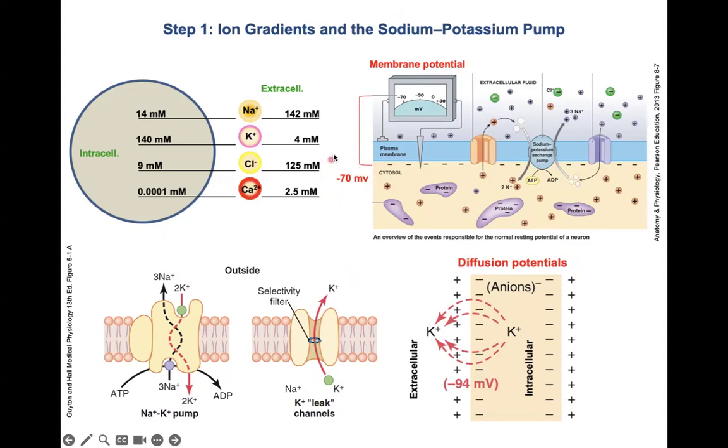70 millivolts. In addition, large intracellular proteins carry net negative charges at physiological pH. These proteins are impermeant and remain trapped inside the cell, while proteins also contain positive residues. Those are effectively neutralized by mobile anions.